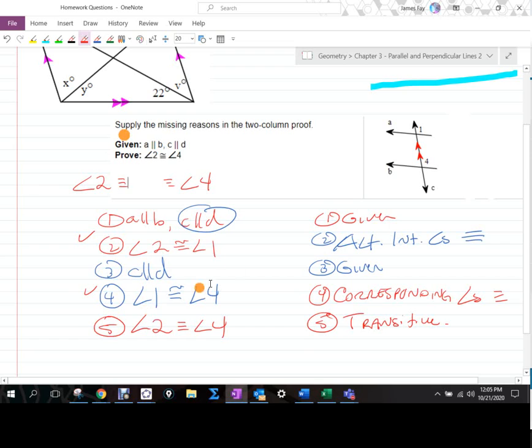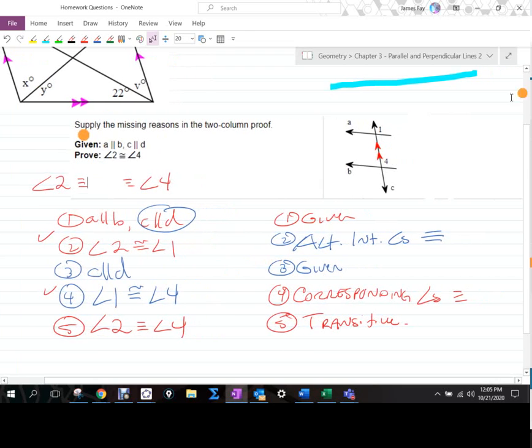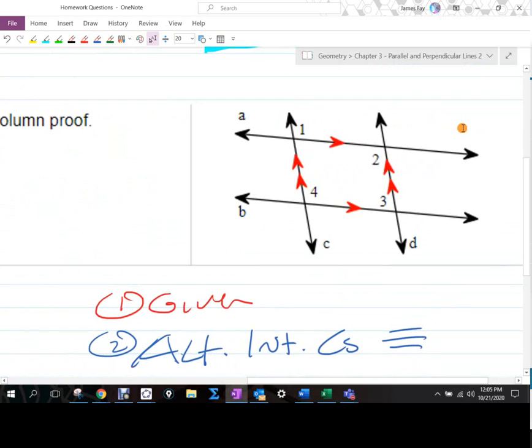Okay. Another way of doing that, and I kind of neglected it here, but as we're going through and we write these congruencies down, we said angle 2 was congruent to angle 1. So we should have done this. And then we said angle 1 and angle 4 were congruent, so we should have put that in. Okay? And now we've got 3 congruencies, and we've specifically talked about these two and those two, but we've never talked about that one and that one related to each other, right?